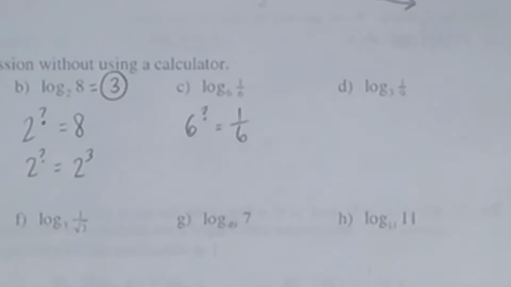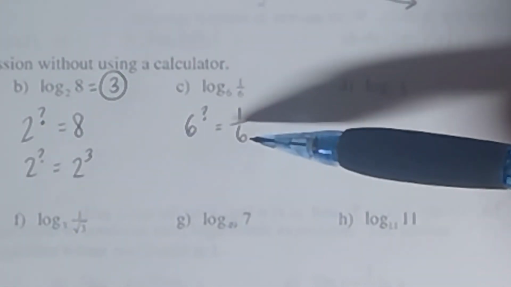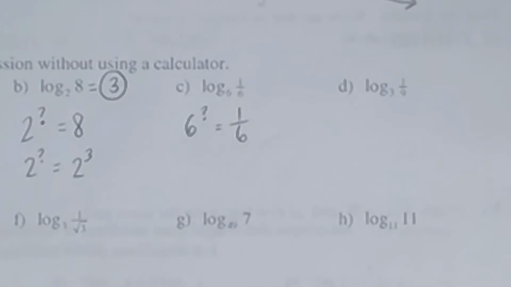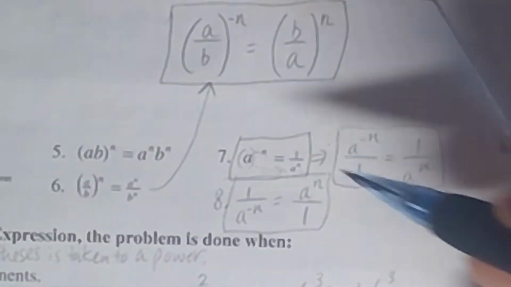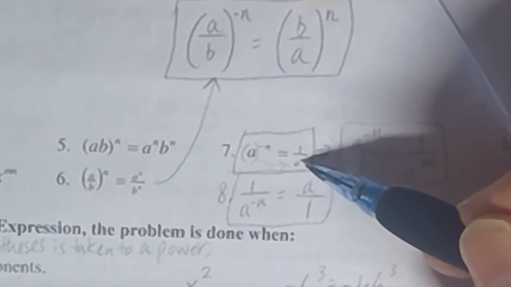Okay. Whenever you get a fraction as your product term, and especially if it has a 1 on the top, I want you to remember this property that we had back in chapter 1. The property said that if you have 1 over a to the n, that is the same thing as a to the negative n.